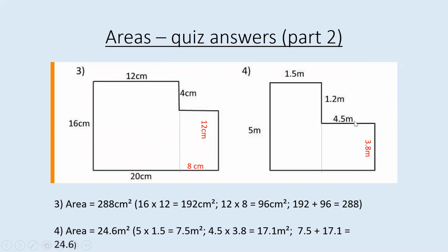Then we had a 4.5 meter horizontal length on the second shape, and multiplied it by a 3.8 meter vertical length, which we got because that was opposite a 5 meter length, but we took away the 1.2 meter length at the top of the shape. So 5 take away 1.2 equals 3.8. 4.5 times 3.8 comes to an area of 17.1 centimeters. 7.5 plus 17.1 gives a grand area of 24.6.